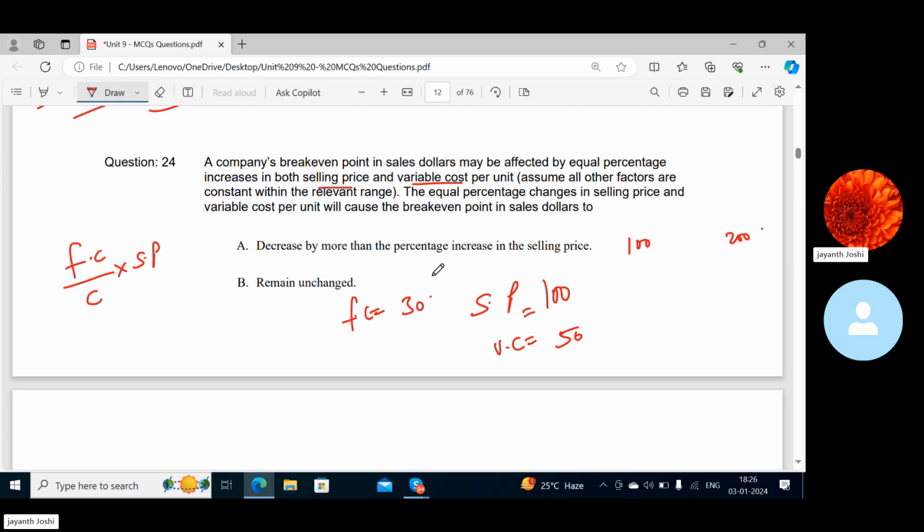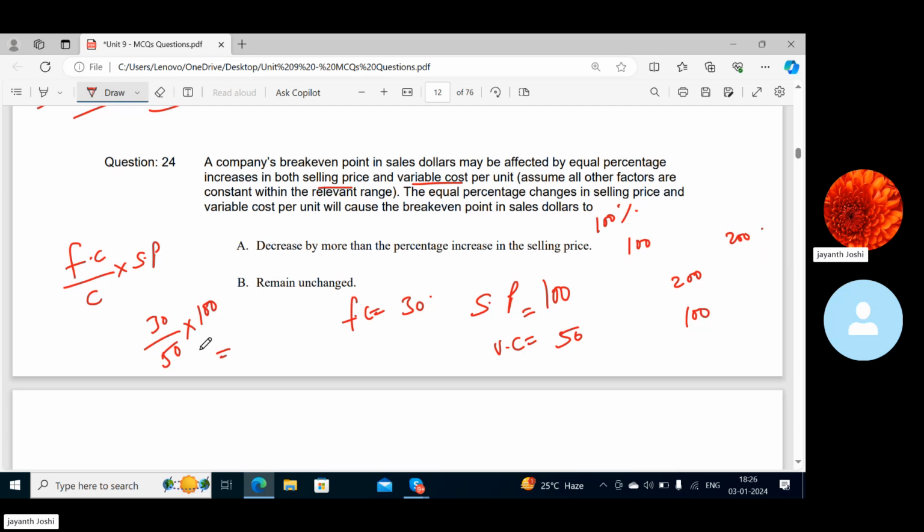So it will be 30 in all the cases, whether increase or decrease. Fixed cost by sales minus variable cost, which is contribution, into 100. And they are saying the break-even point will be affected by an equal percent increase in selling price. So selling price will increase from 100 to 200, increasing 100%.